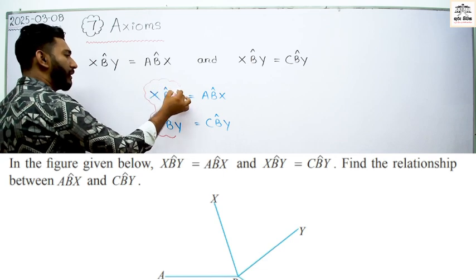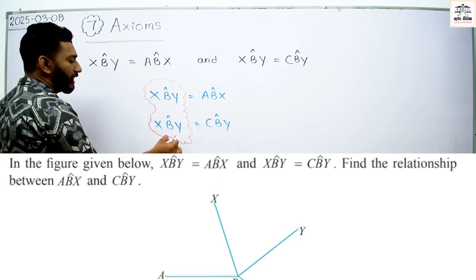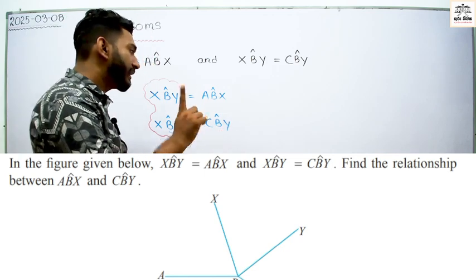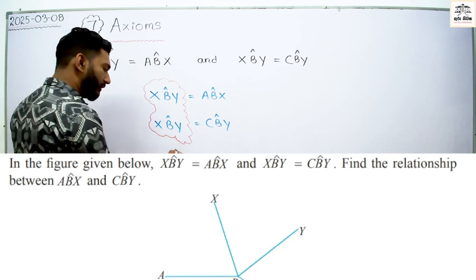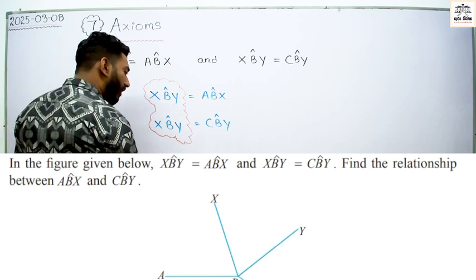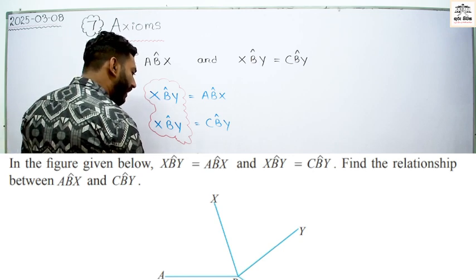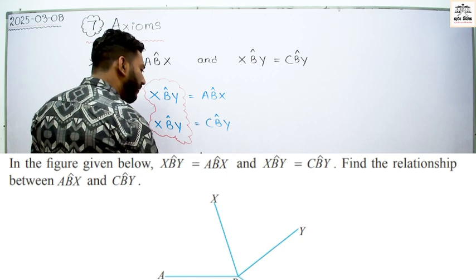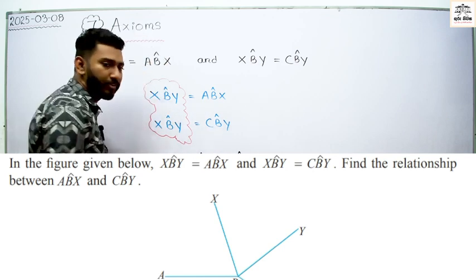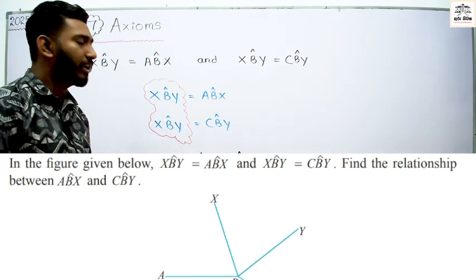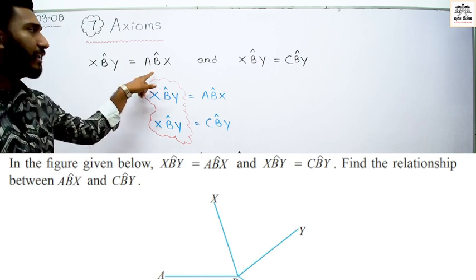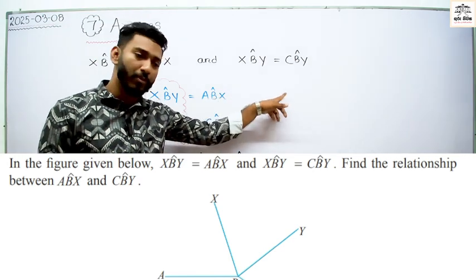XBY, both are equal to the left hand side. Now looking at the right hand side, therefore according to axiom number 1, ABX should be equal to CBY, right?